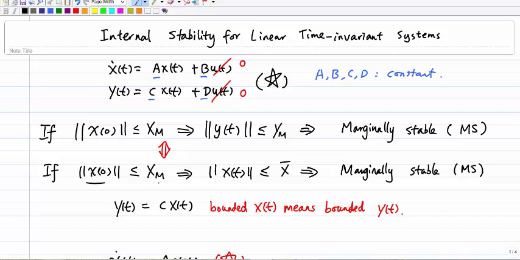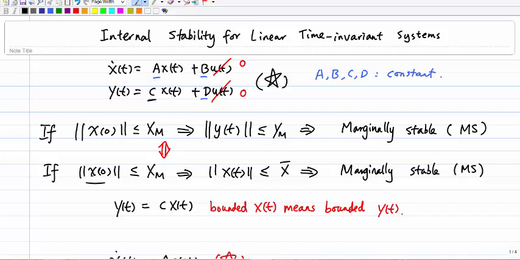This is also equivalent to saying if the initial condition x0 is bounded, it implies that x t is bounded. So all the future states are bounded. That's because my C is constant. So if x t is bounded, my y sub t will be bounded. So we don't have to actually analyze y sub t. We just need to analyze x sub t to see if it's bounded or not. If x sub t is bounded, because C is a constant, my y sub t will definitely be bounded.